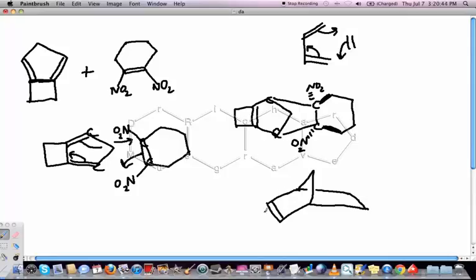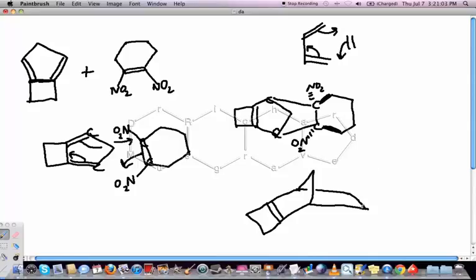And since I've got stuff connected to the double bond, that's actually going to be flat because the double bond is going to have a flat geometry. So this would be pretty much in line with what we've got here. It would not be sticking up or down. That's because of the double bond.